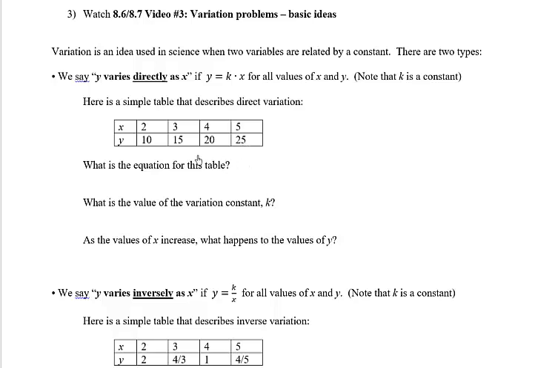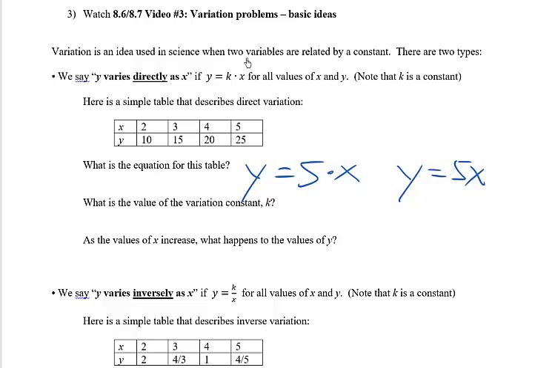The question is, how are they calculating these y values? Well, hopefully what you're noticing is that each time the y value is simply the corresponding x value times 5. The equation is just y equals 5x. Right? 2 times 5 is 10, 3 times 5 is 15, and so on.